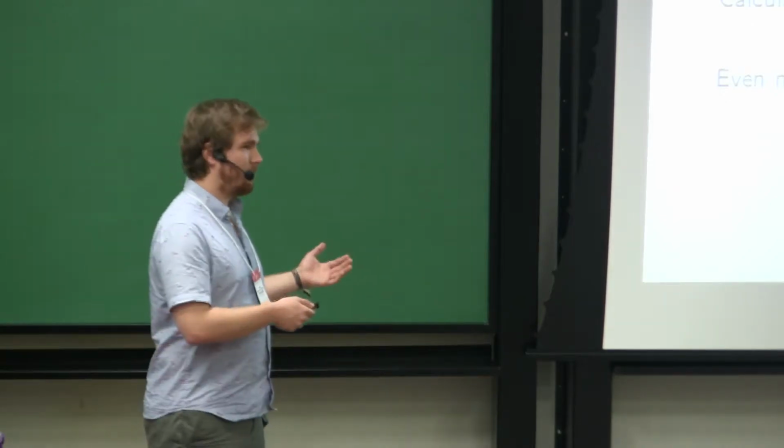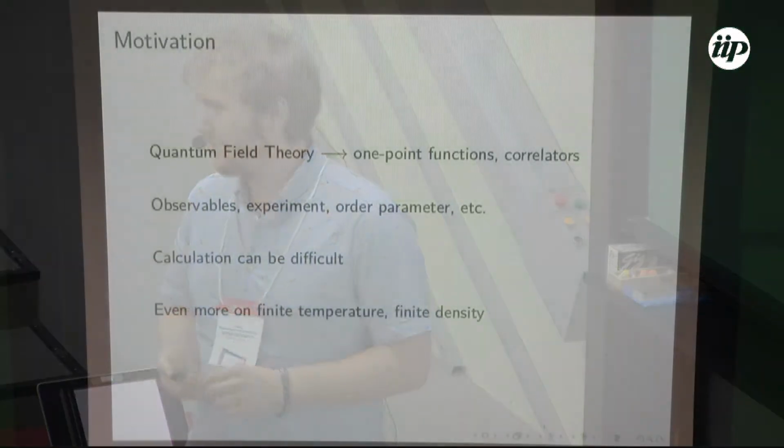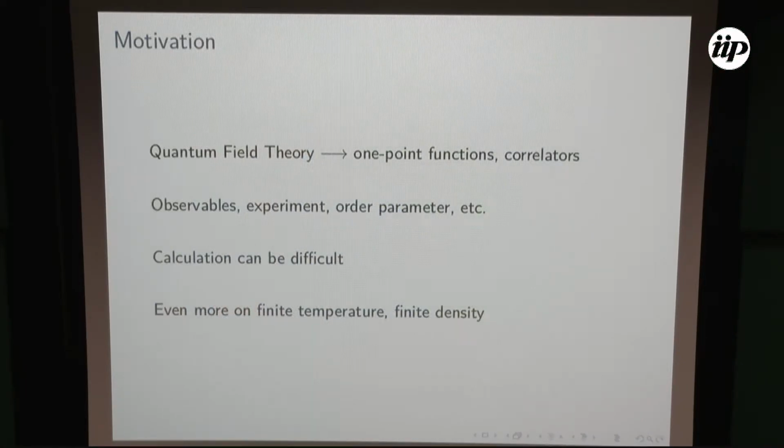Like the order parameter can be a one-point function, or in linear response theory, you need two-point functions. And this is where my topic relates to transport, where you also need two-point functions. But I'm going to focus really on calculating two-point functions, and not on putting them in a specific setup for experimental explanation, but really on understanding the two-point functions.